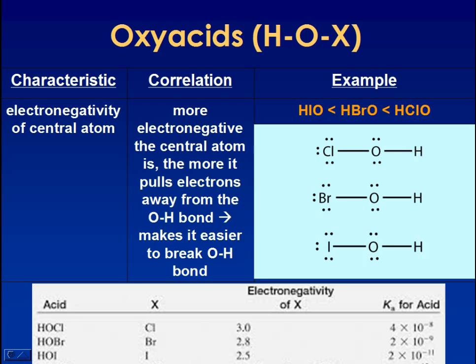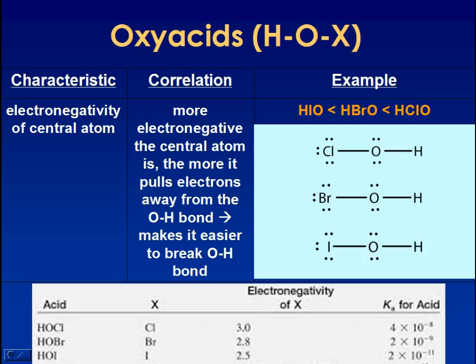So in these 3 particular oxyacids, HIO, HBrO, and HClO, Cl is the most electronegative of those 3 nonmetals, and therefore it is able to have a more polar bond between the H-O, and therefore a larger K value. It still is a weak acid, but comparing that to HOBr's K value and HOI, we see that HOCl is the strongest of these 3.